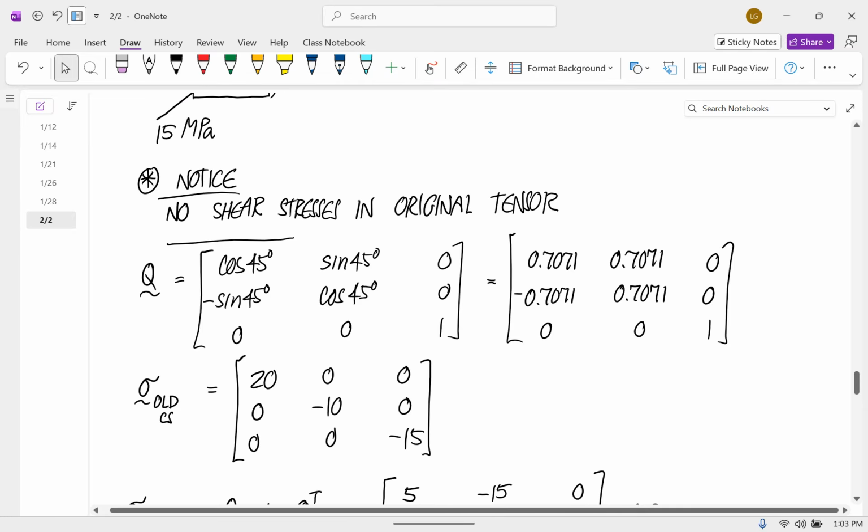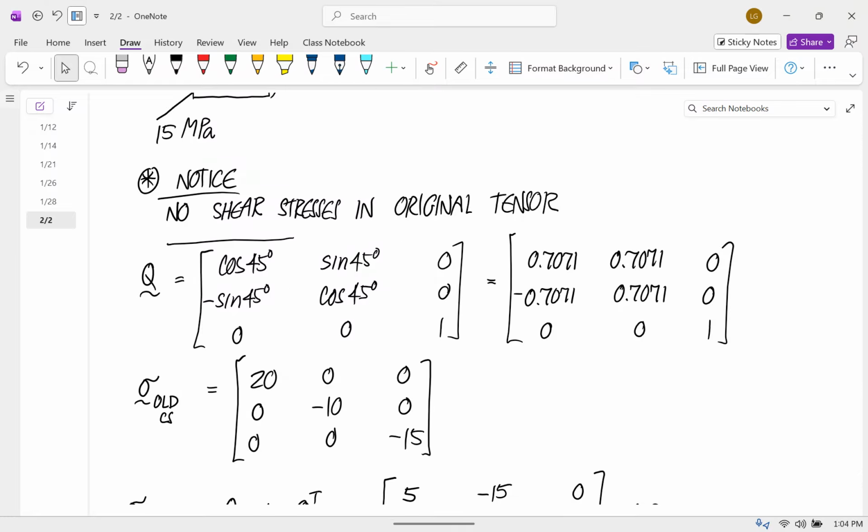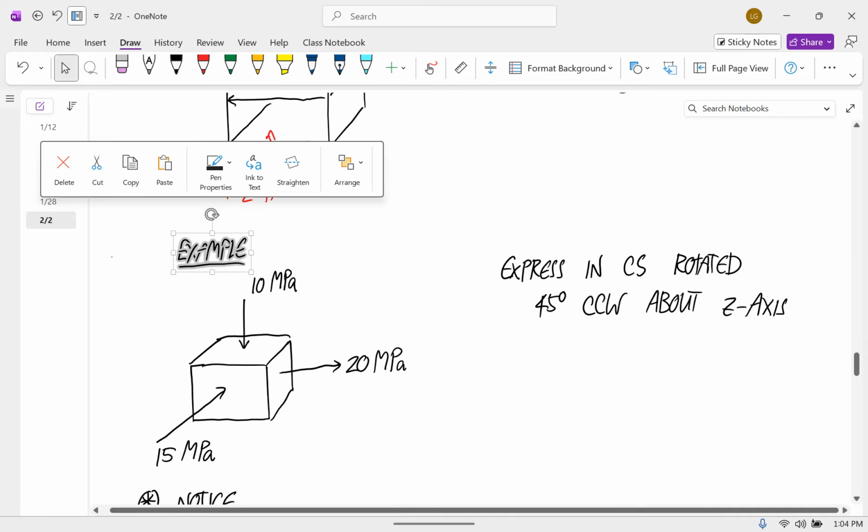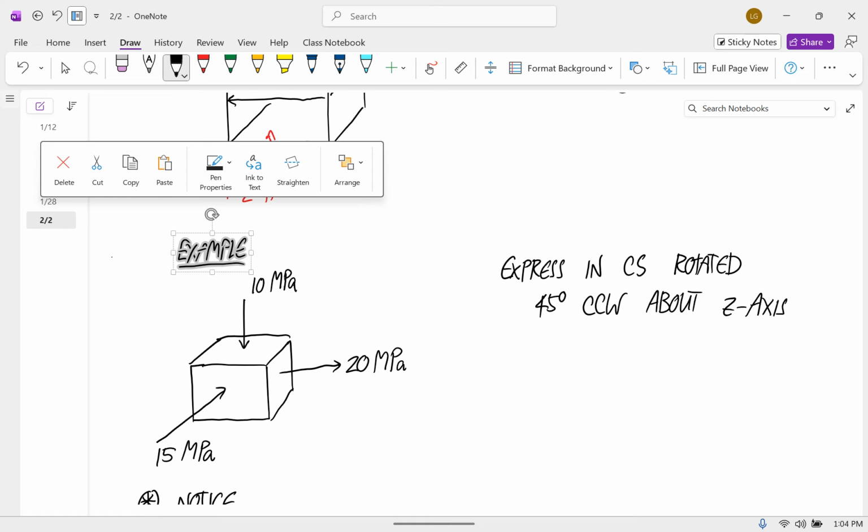What is the difference? If you rotated about the y, because the y-axis is the one that has the middle of those three values. Our normal stress values are positive 20, negative 10, and negative 15.